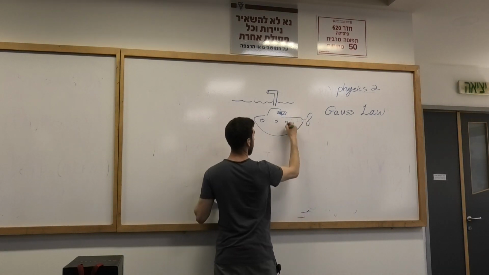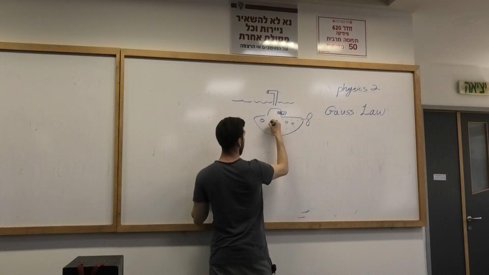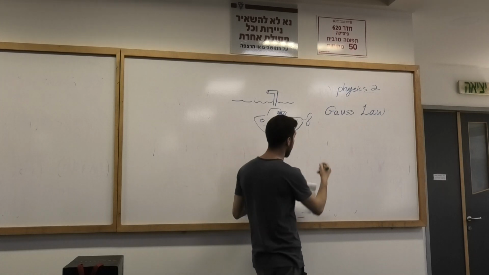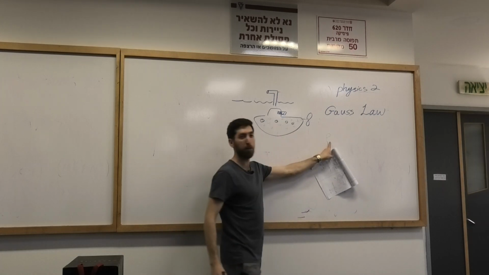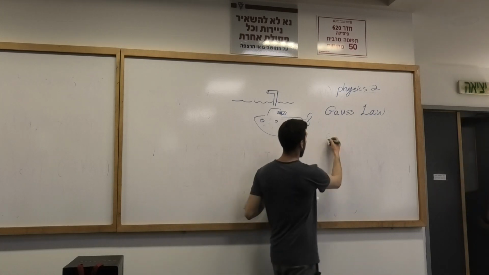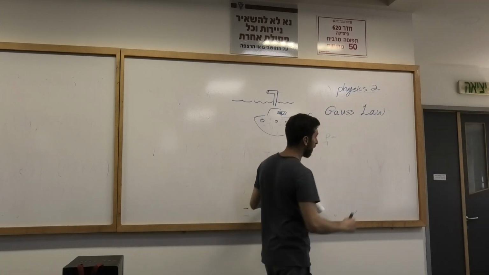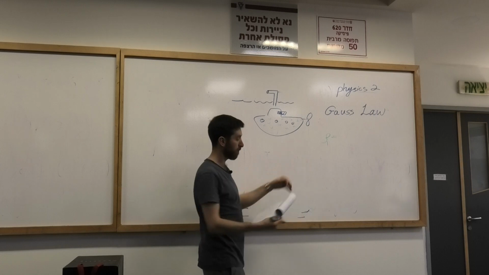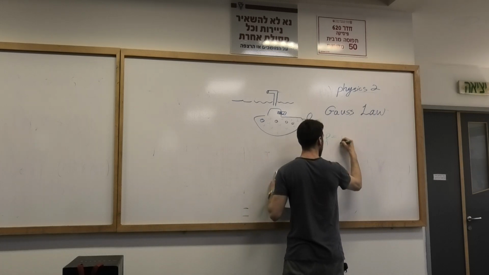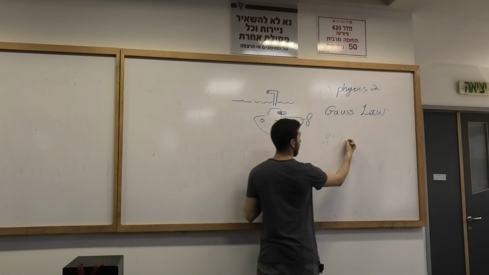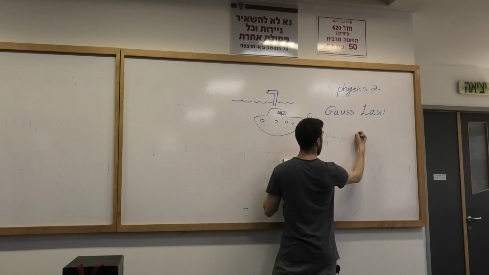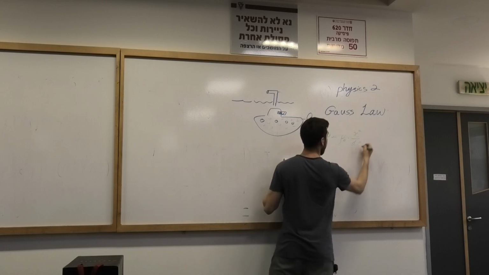By which amount? Say it's only positive, and the charge distribution is a volume distribution, you see? It's a volume distribution. Just a recap of what we did previously.